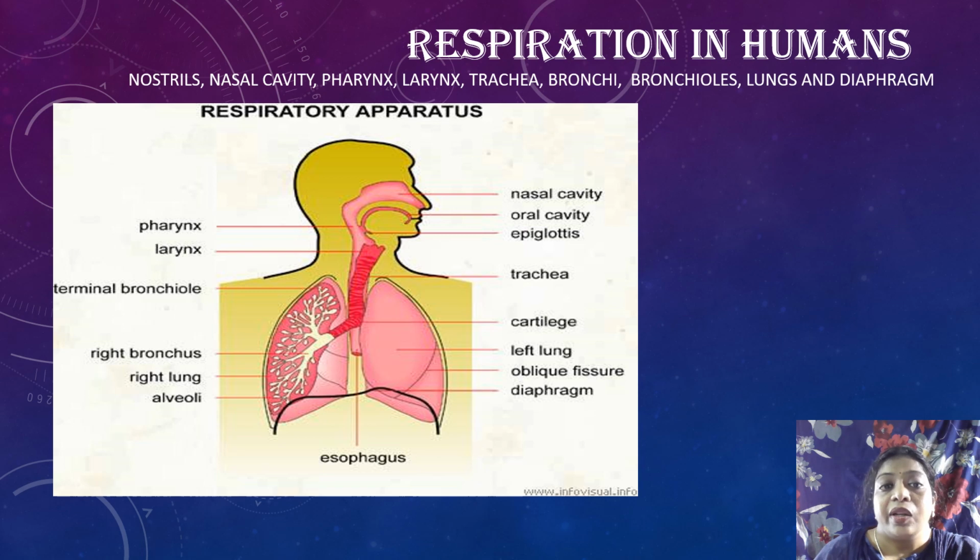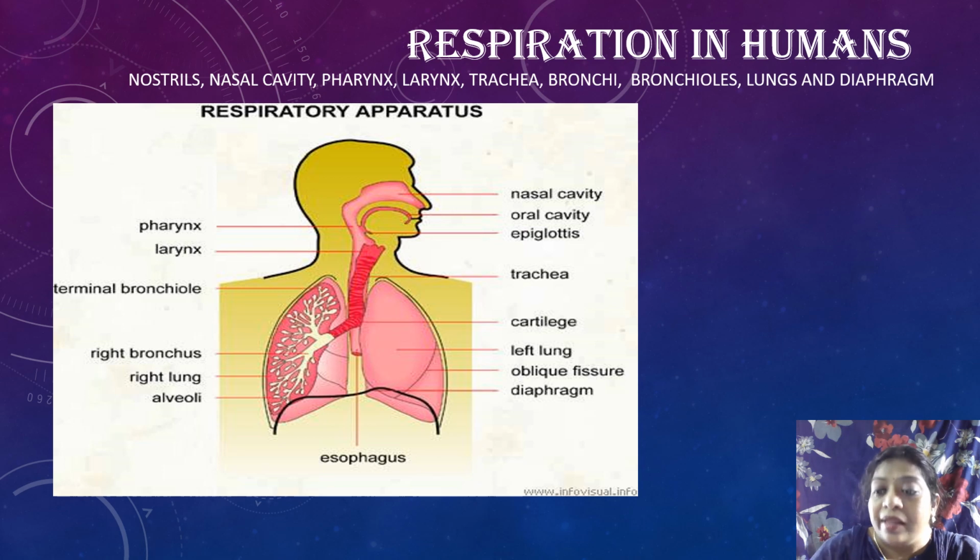The next one is the nasal cavity, the tube-like structure. The next one is the pharynx. The pharynx is a common passage for both food and water to get inside, so it is very important for digestion, but it is also an associated part here.